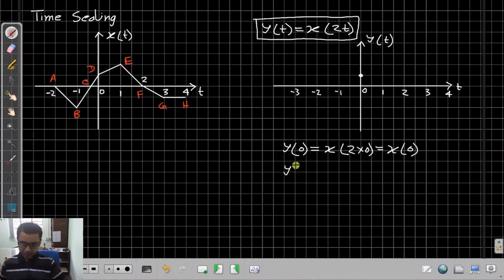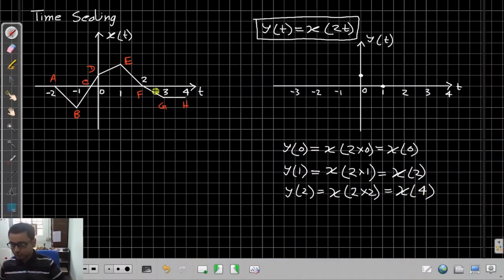Then we ask the value of y at t equal to 1, which is same as x of 2 into 1, same as x of 2, and that is 0. So we put 0 here. Similarly, y of 2 will be same as x of 2 into 2, which is x of 4, and x of 4 is minus 1. So here we will put minus 1. We need more points.